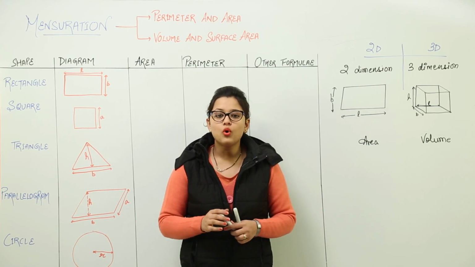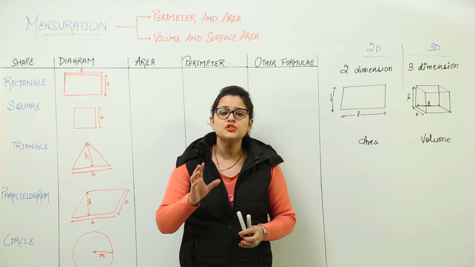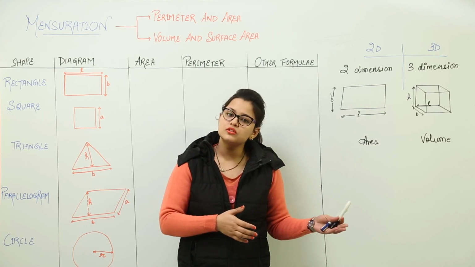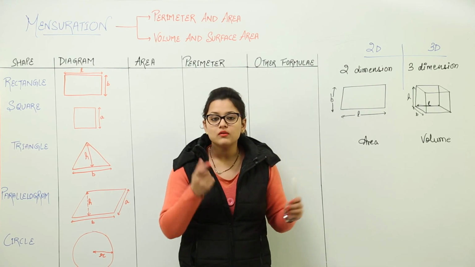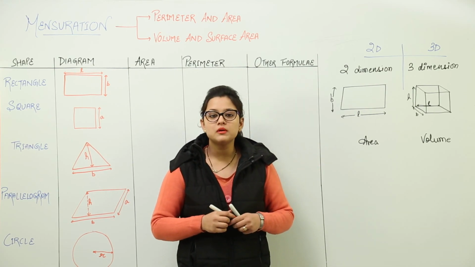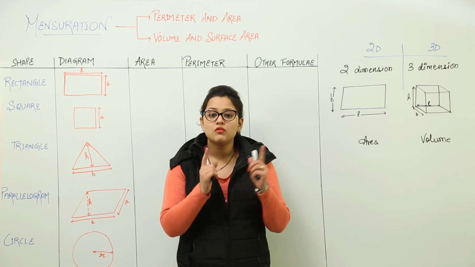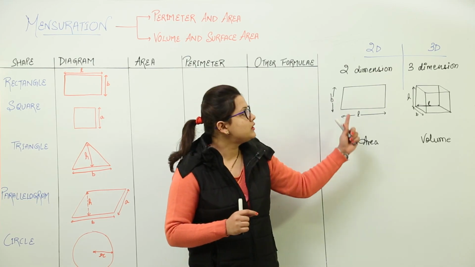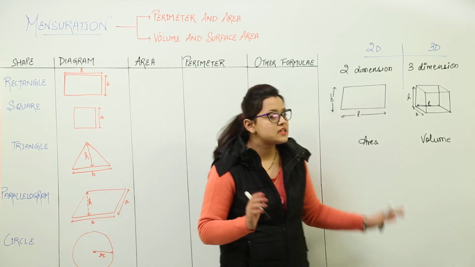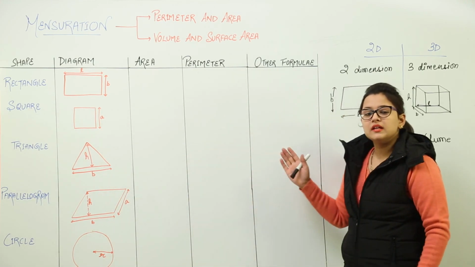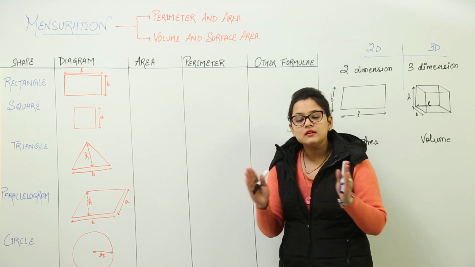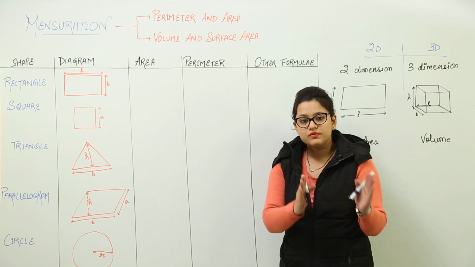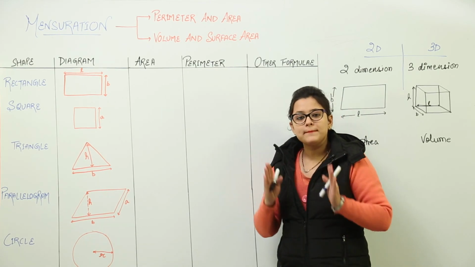But if you want to know how much water you should take in a jug, how much water your jug can hold, that is volume. So I hope you have become clear with the concept of volume, areas, 2D and 3D, because this chapter is about perimeter, area, surface area and volume. That is why you should be very clear with the concepts of surface areas, volumes, perimeters.